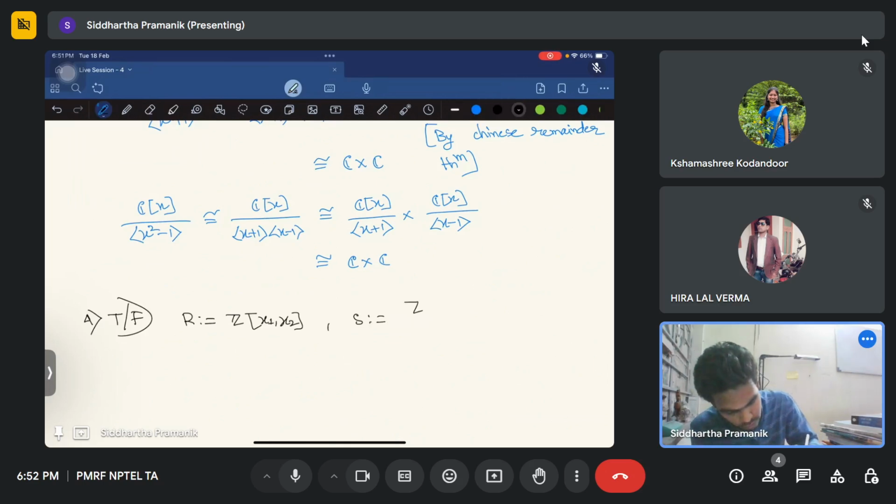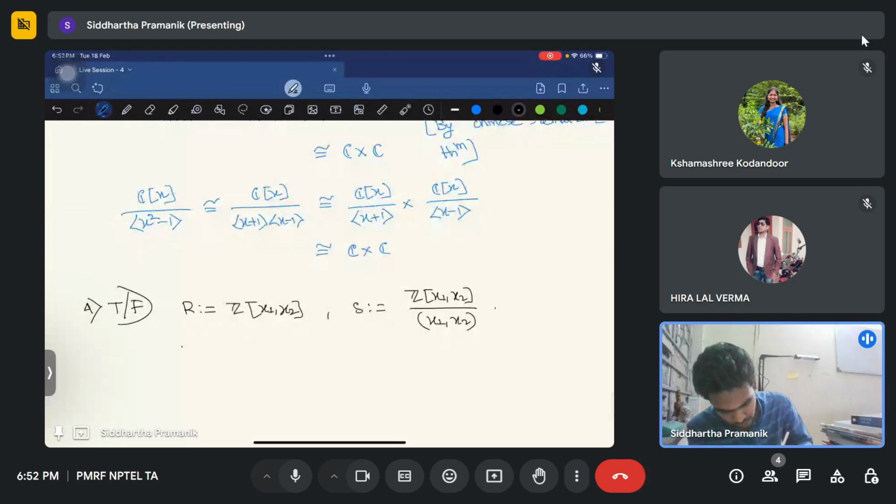So it is just Z[x1, x2] modulo (x1, x2) and phi from R to S, the natural surjection, natural homomorphism.